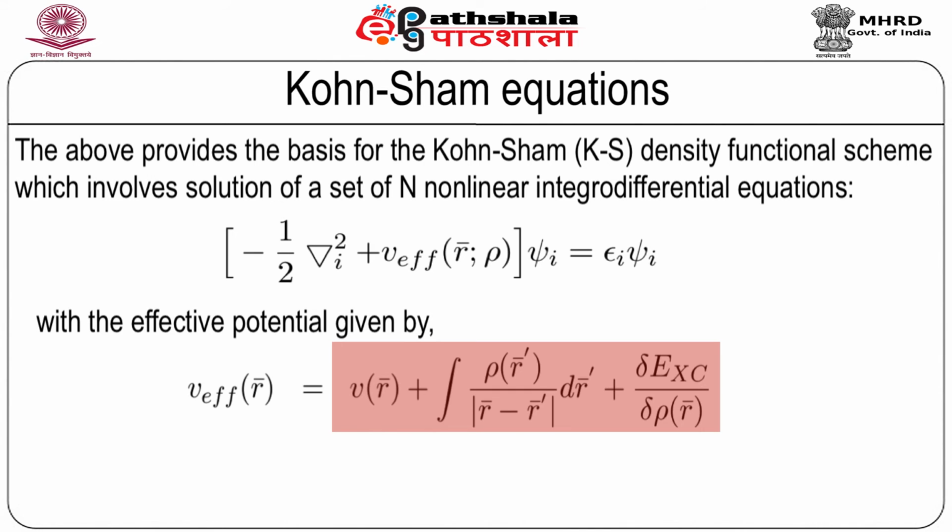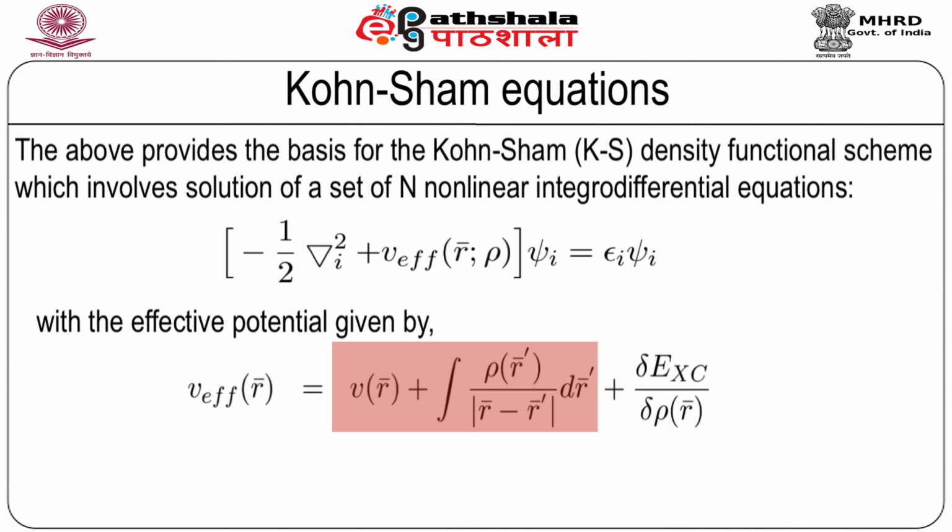One is Vr plus integral rho r prime divided by modulus r minus r prime integrated over dr prime, plus the contribution from the exchange correlation, which is given by delta E exchange correlation divided by delta rho.